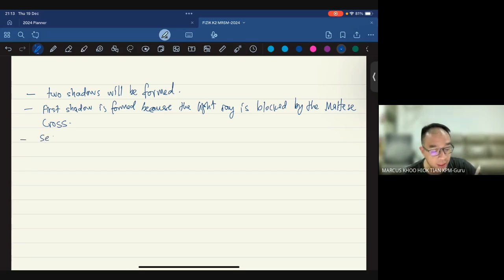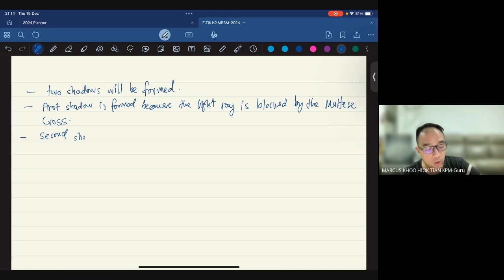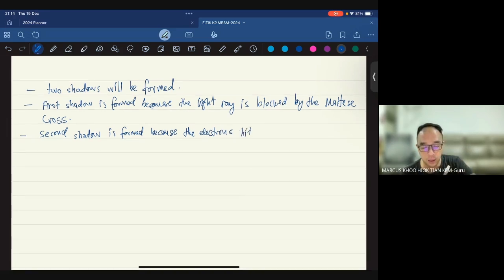Okay. The second shadow, which is the green color one, the second shadow is formed because the electrons hit the pentafloor screen.